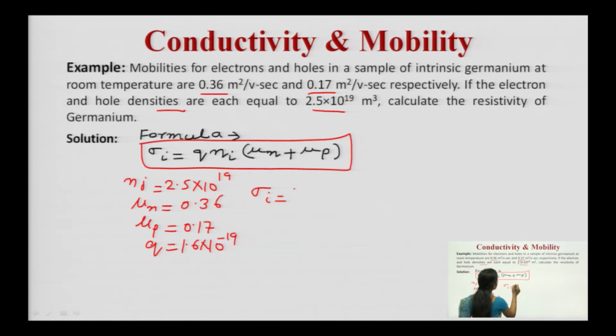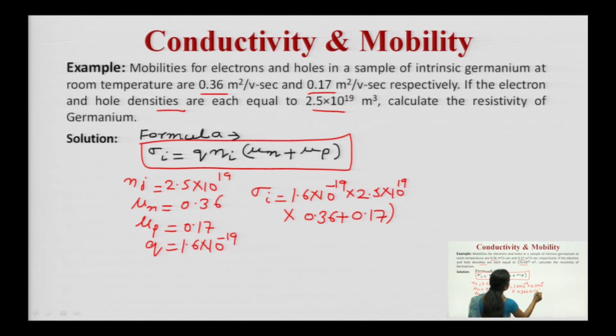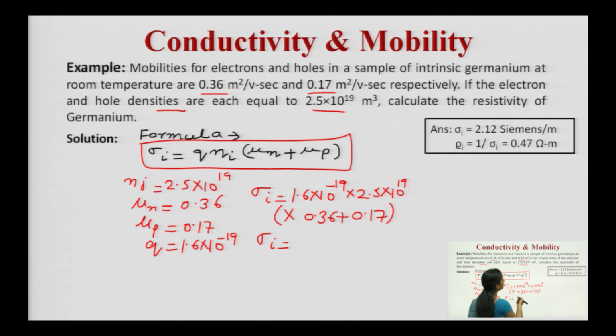So, this will be nothing but 1.6 into 10 raised to the power minus 19 into Ni, which is 2.5 into 10 raised to the power 19, into mu n, which is 0.36, plus mu p, which is 0.17. Multiply it, you will be able to get this value. Simplify it, you will get 2.12 Siemens per meter.